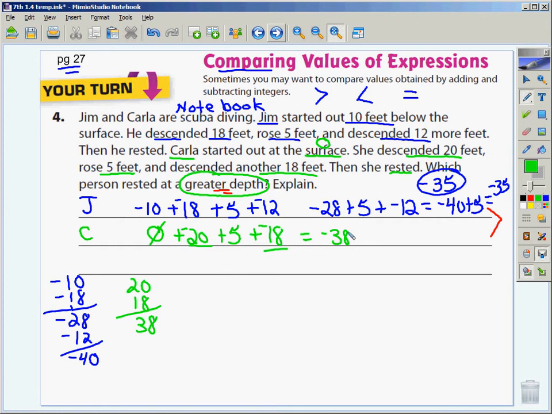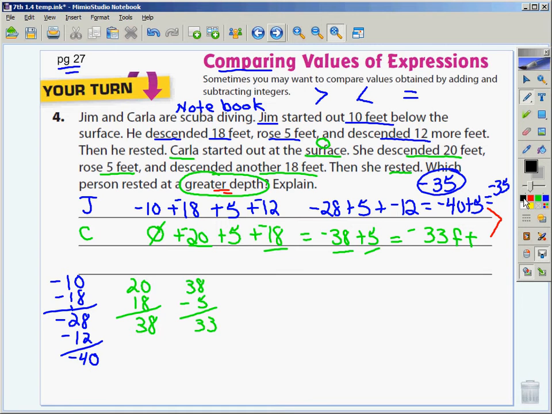And then I see that she rose 5 feet. These have different signs. I keep the sign of the larger number, which is going to be negative, and I take 38 and I subtract 5. And I can see that she rested 3 feet below the surface.